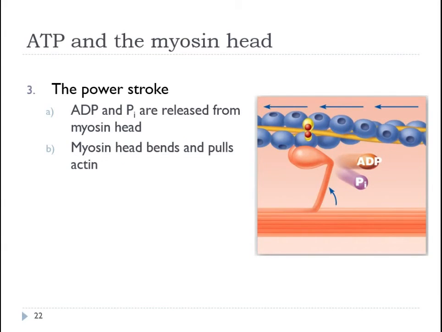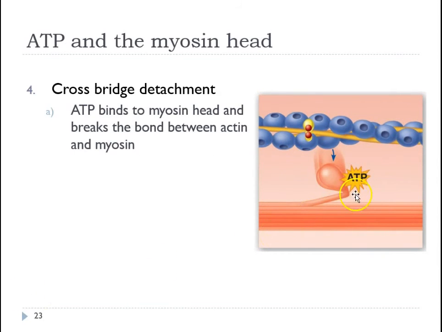But once it does that move, it basically breaks off the adenosine diphosphate with the phosphate. They fall off. And the only way we can get this myosin head to move again is to attach ATP, triphosphate, to it. So let's say we have to contract this muscle more and more and more.